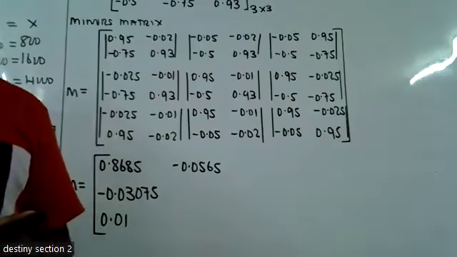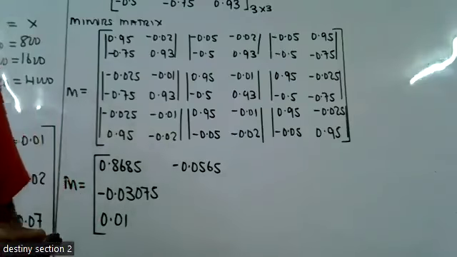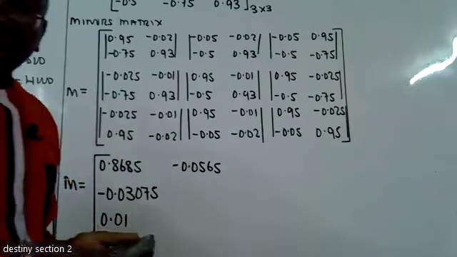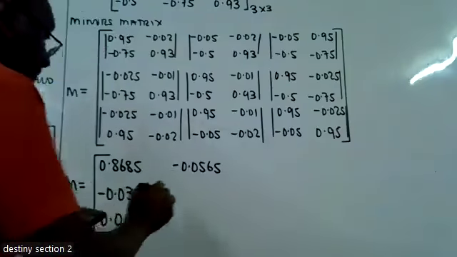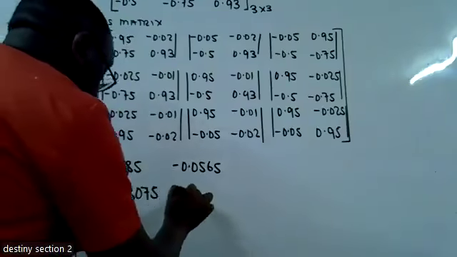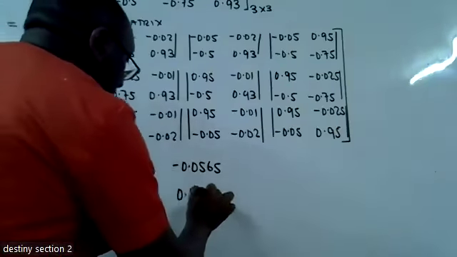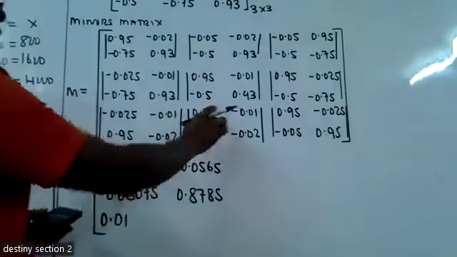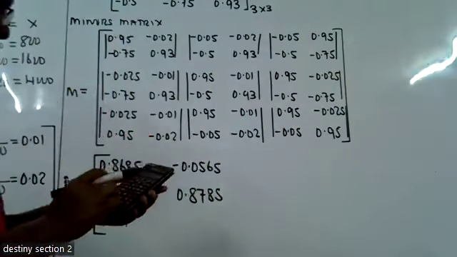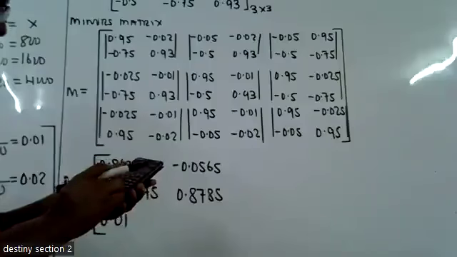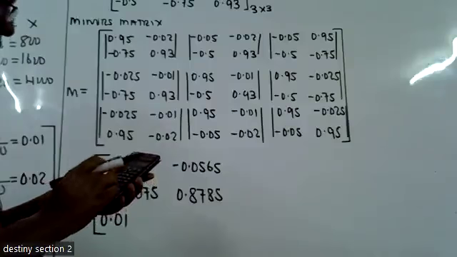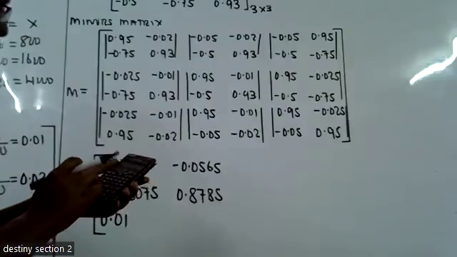Wengine 0.875, 0.8785. Haya, huyu mwingine wa mwisho hapa 0.95 times minus 0.02 minus 0.05 times minus 0.01.